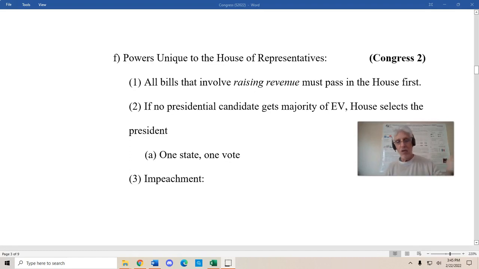But if you notice, one of the questions is you'll be able to identify three powers unique to the House of Representatives, and here it is. That means that it's got a pretty good chance of being on the exam.